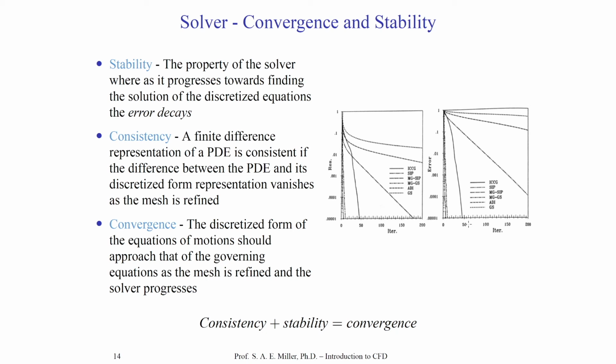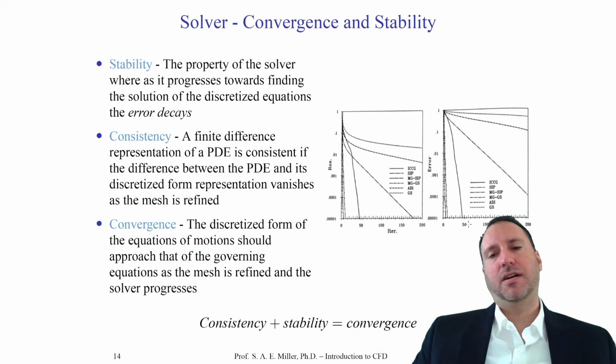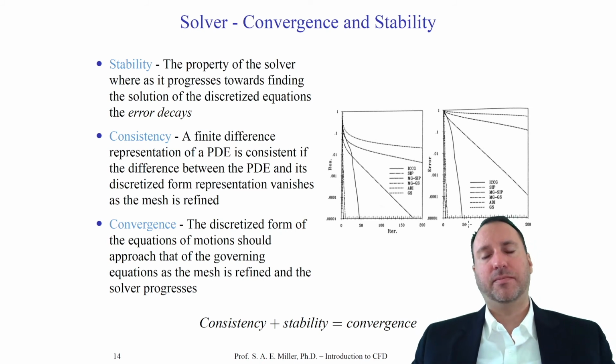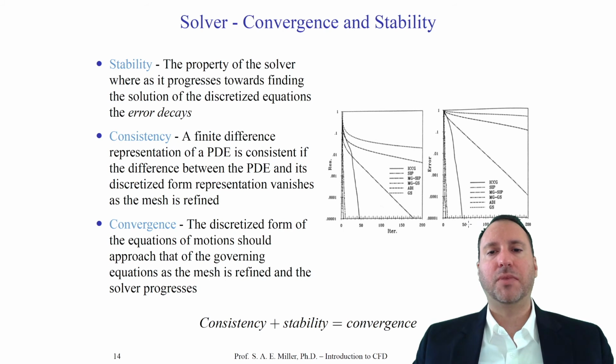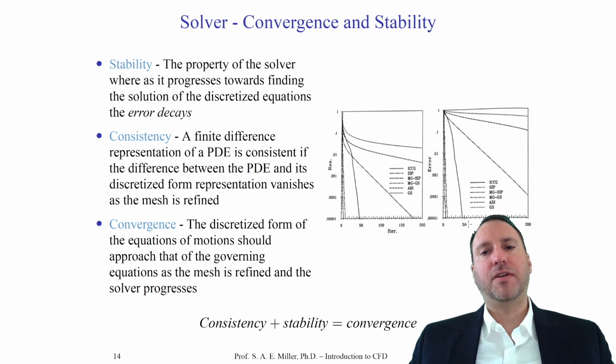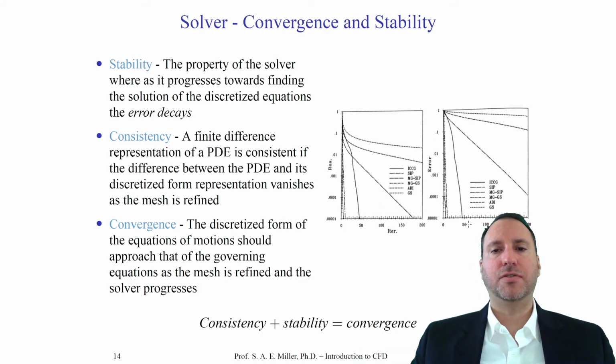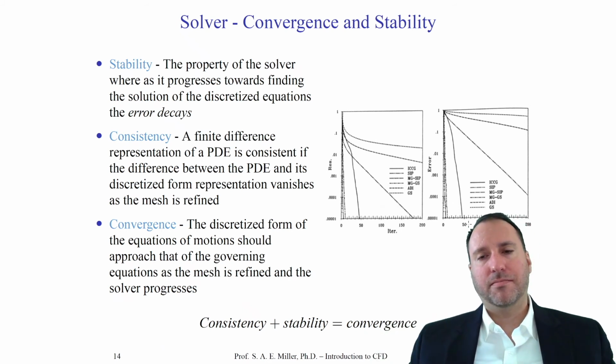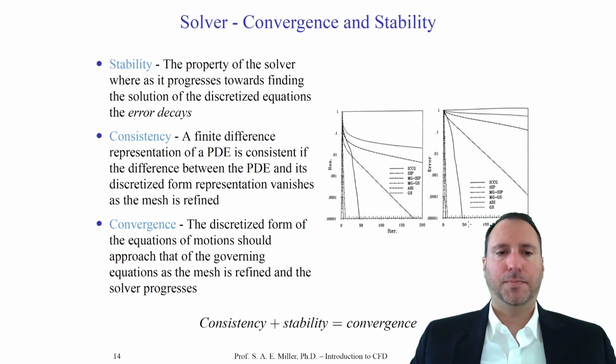Of course, on a per iteration basis, it might cost more or less computational time to go to the next iteration. So that makes it a difficulty. It's not truly a one-to-one comparison. But for the same number of iterations, you can see some solvers have reduced the error of our solution at a much better rate, if you will. And we'll be talking about the advantages and disadvantages of these in this class.